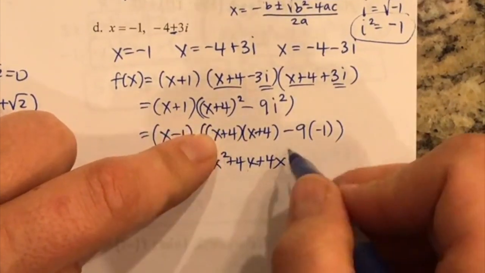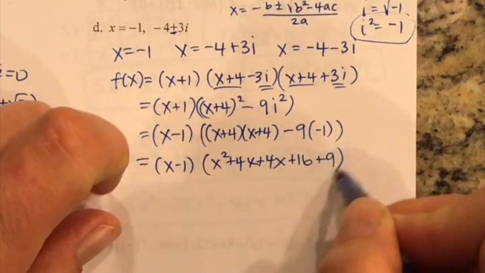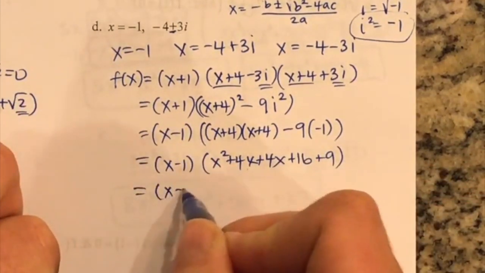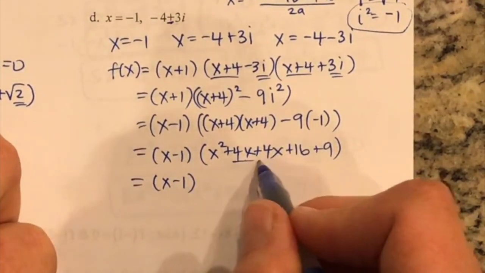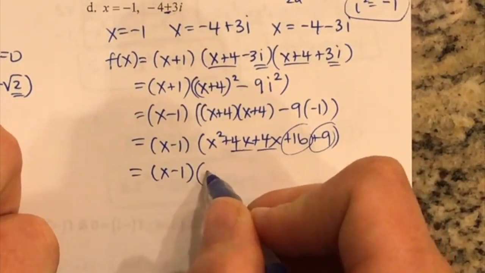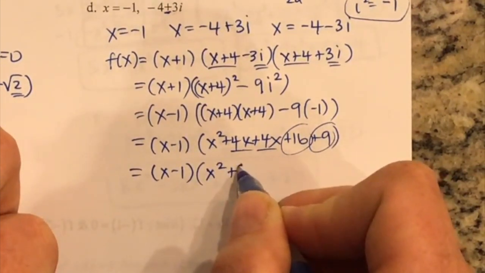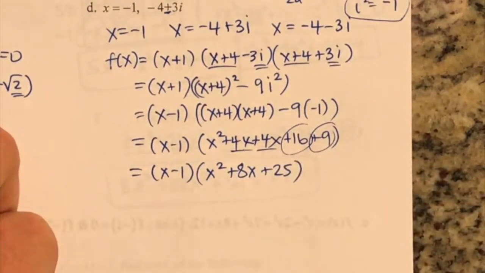Ooh, look at my ugly x right there. Plus 16, and then this is plus 9. This goes with that. That goes with that. And I get x squared plus 8x plus 25, I think, if I'm not mistaken.